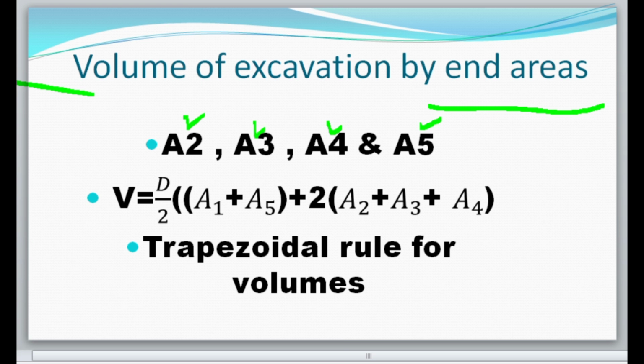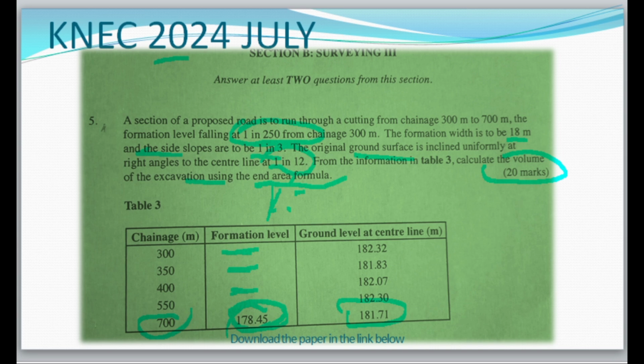But again you come back to the question. Our d, we had the interval. So here we have our d is 50, here is 150, the same here is 150 and the last part is 150.